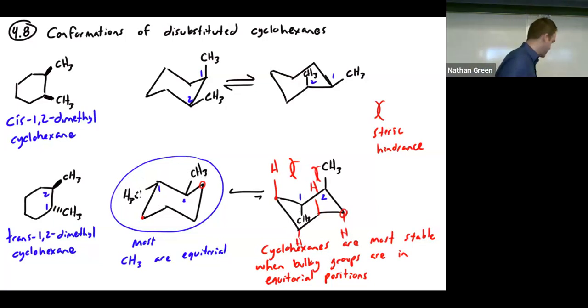Let's see how dramatic I can make this. I am a cyclohexane, and pretend I'm zigzag, but here's my ring. My chest and my head are some big group in an axial position. If I have a big group in an equatorial position leaning away from me, we're not really running into each other. But if I put that big group on the end, so 1, 4, my head is now much closer to this.